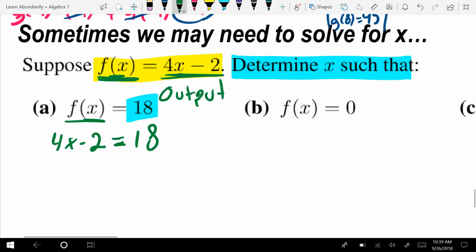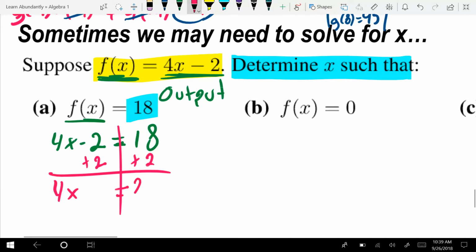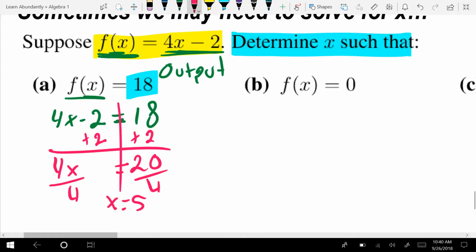That's what the substitution property says. Now I've got just a 2-step equation that we can solve by adding 2 to both sides. And I get 4x equals 20. And I can divide by 4, and I get x equals 5.